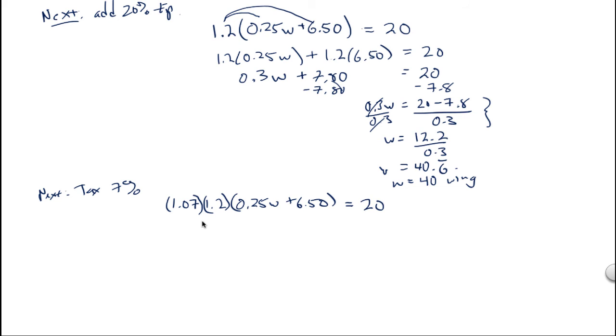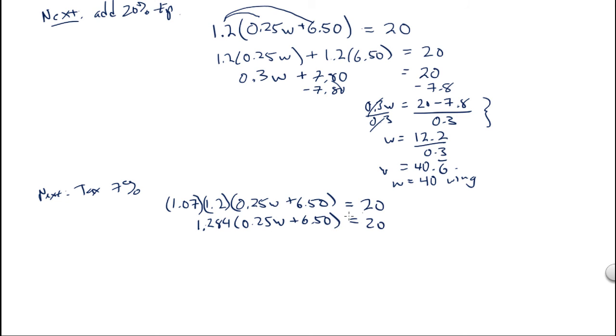One cool thing is if you multiply 1.07 times 1.2, you get 1.284, and so that's kind of a neat number to think about. 1.284 times this whole business, 1.25W plus 650 equals 20.